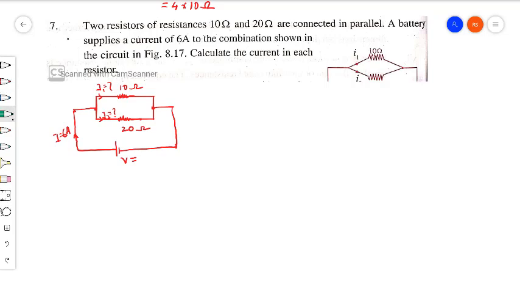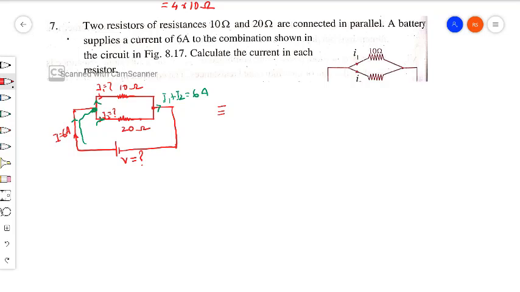The current of 6 ampere reaches the junction, and I1 flows through one branch and I2 through the other. So I1 plus I2 is equal to 6 ampere. Now we have to find out what the potential difference is.